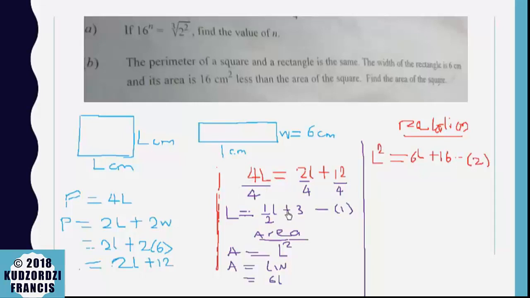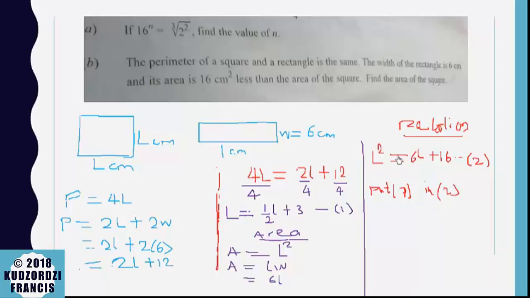So we have two equations now, equation 1 and equation 2. We're going to solve these equations simultaneously. So when we put equation 1 and equation 2 together, we're going to obtain this.